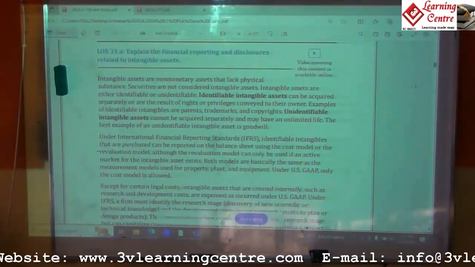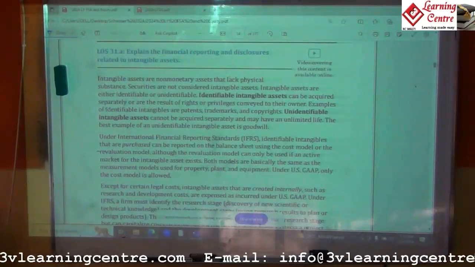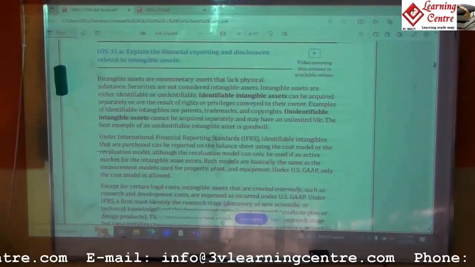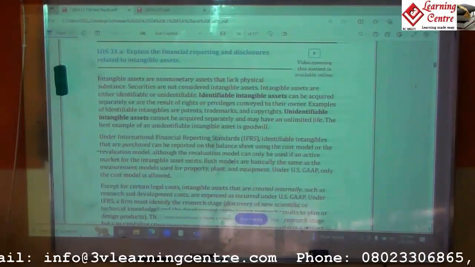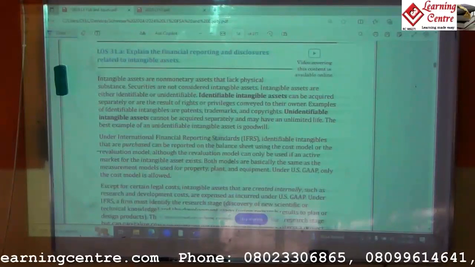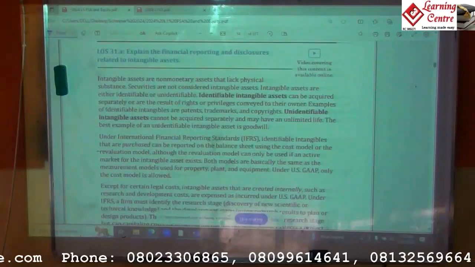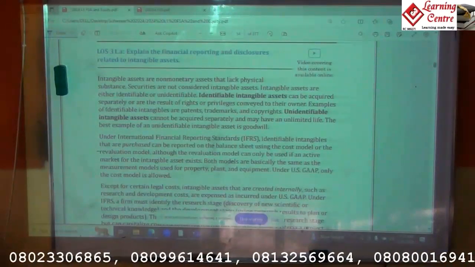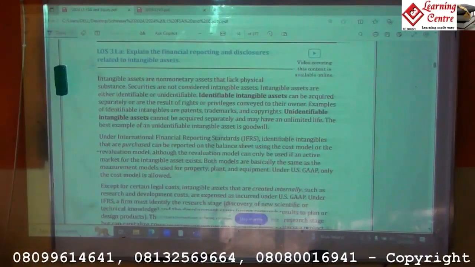Unidentifiable intangible asset: this cannot be acquired separately and has an unlimited useful life.